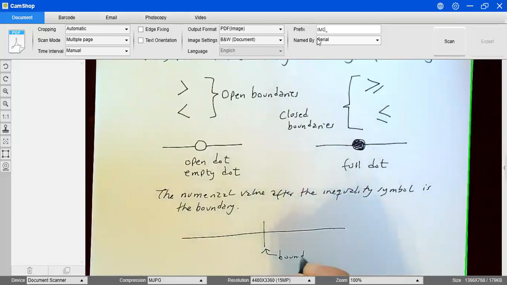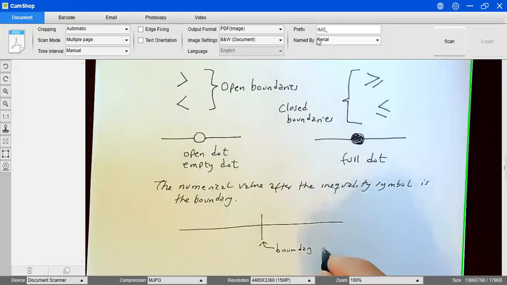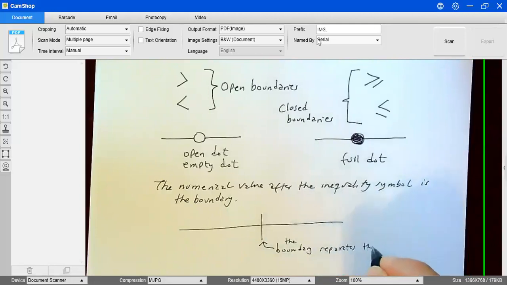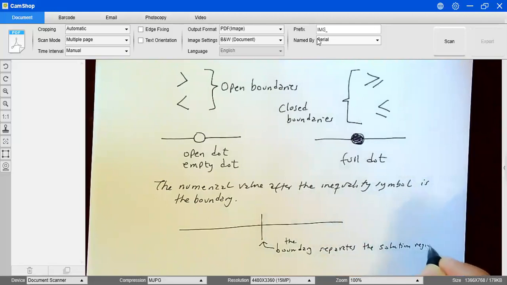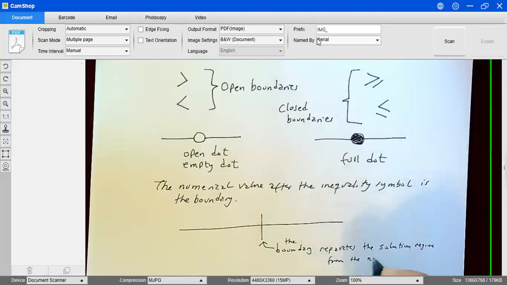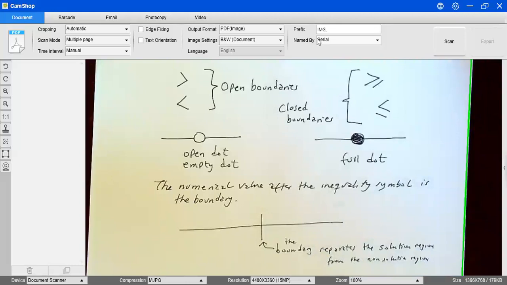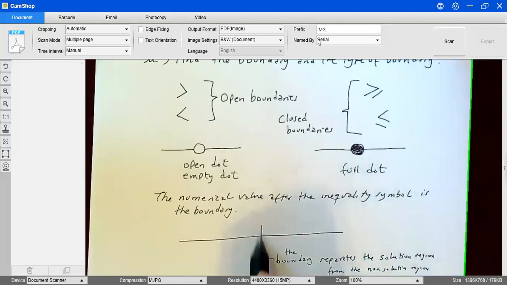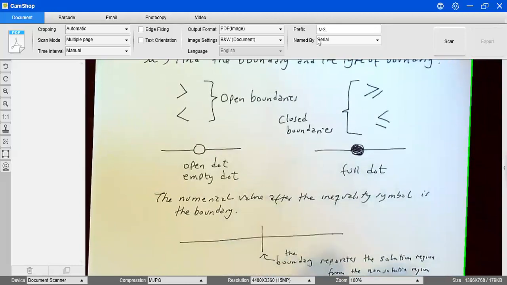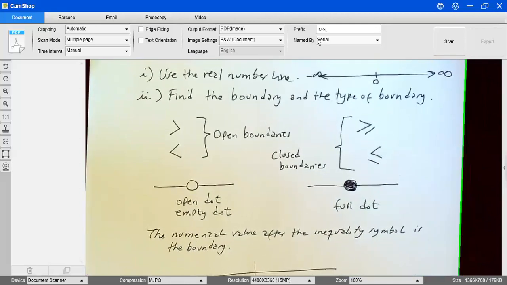So the boundary separates the solution region from the non-solution region. That's the reason we need the number line. So we need to find the boundary, and also the type of boundary.